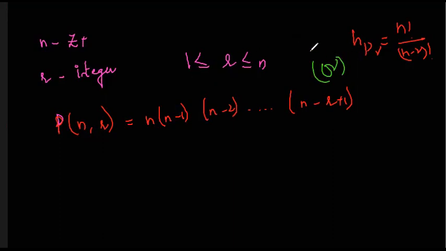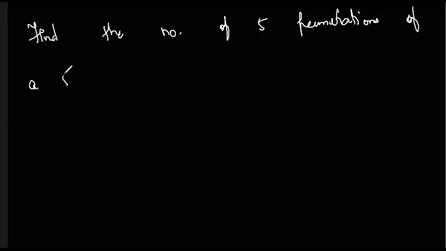Now let's take an example. Find the number of 5-permutations of a set with 9 elements.